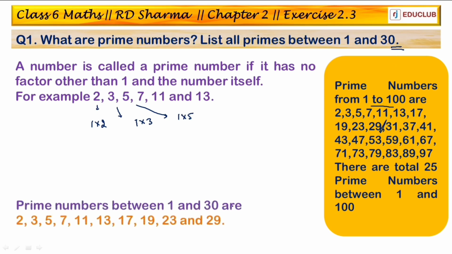So prime numbers between 1 and 30 are 2, 3, 5, 7, 11, 13, 17, 19, 23 and 29, because we need to find up to 30 only.